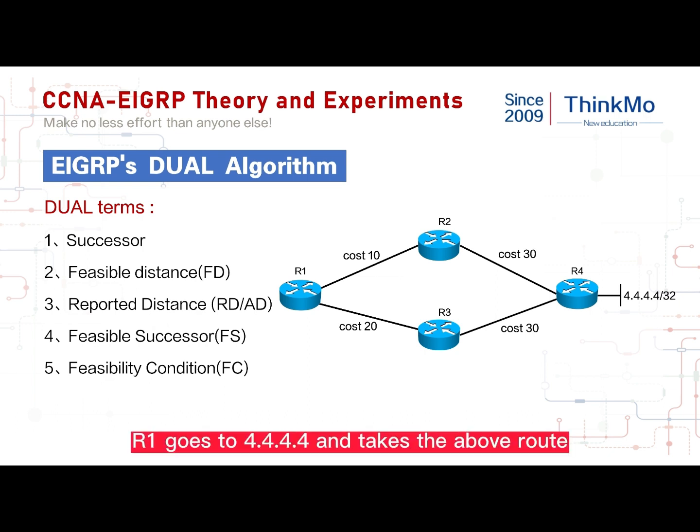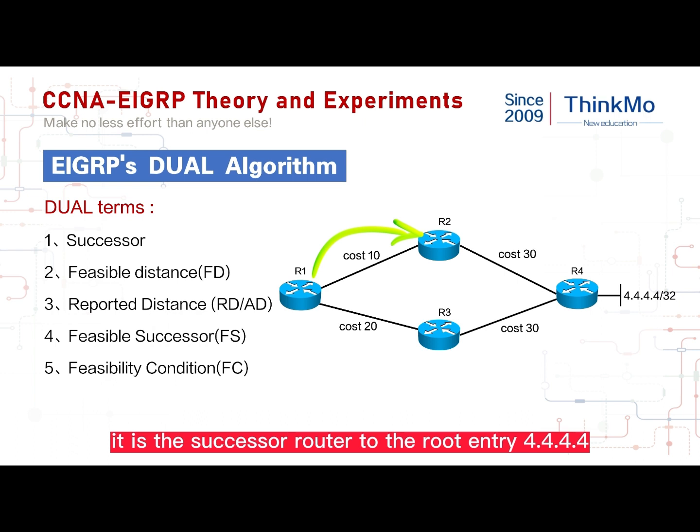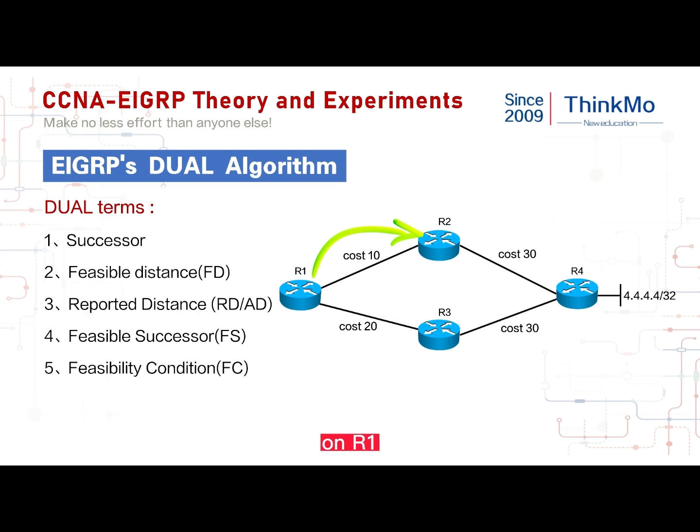R1 goes to 4.4.4.4 and takes the above route. The next hop router of this optimal main line is the successor router. If R1 gives traffic for 4.4.4.4 to R2, R2 is the successor router to the route entry 4.4.4.4 on R1.